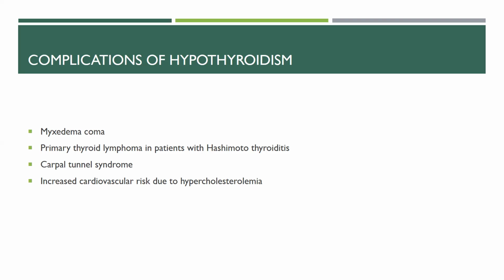The pathophysiology is not known, but it is generally understood that if you have hypothyroidism, you're more likely to get it. Remember what we said about your cholesterol levels being too high, and then you have hyperlipidemia. Now, another complication, your heart. You have increased cardiovascular risk due to this. So there you have it. Those are the complications that we know of so far.